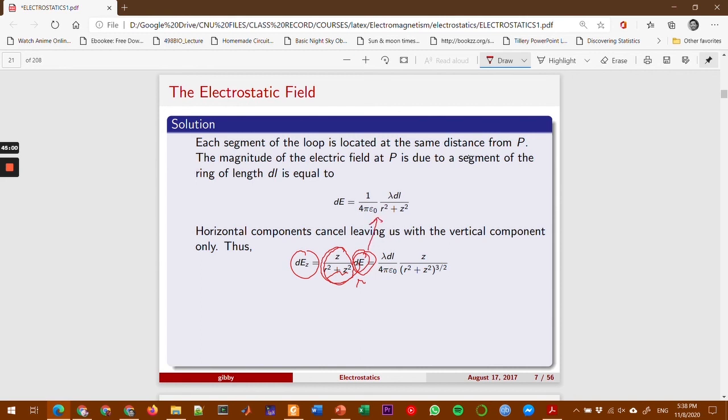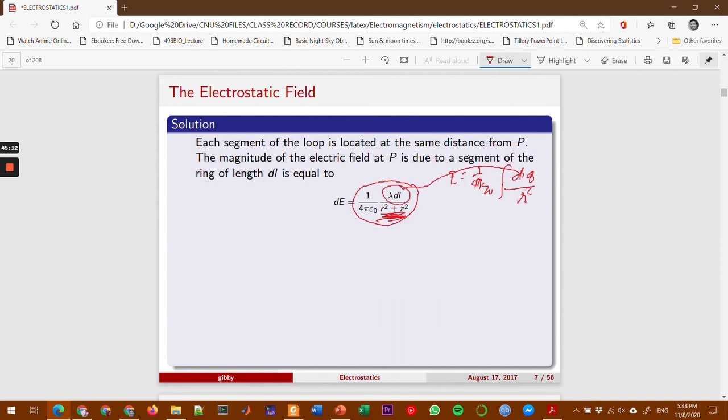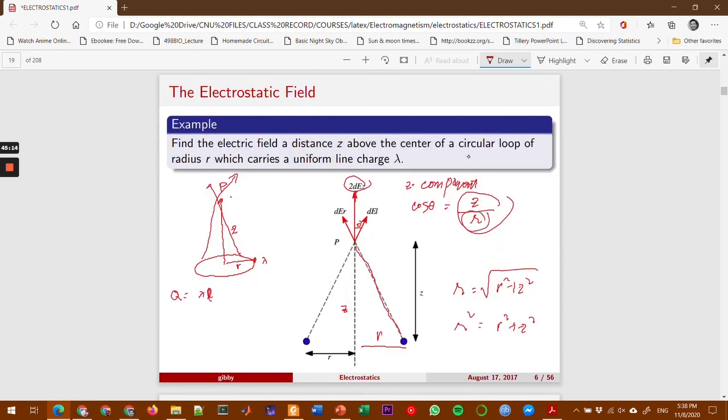So we have dE is just this one. Substitute it times this one. This should be a square root. R is just this one, square root.